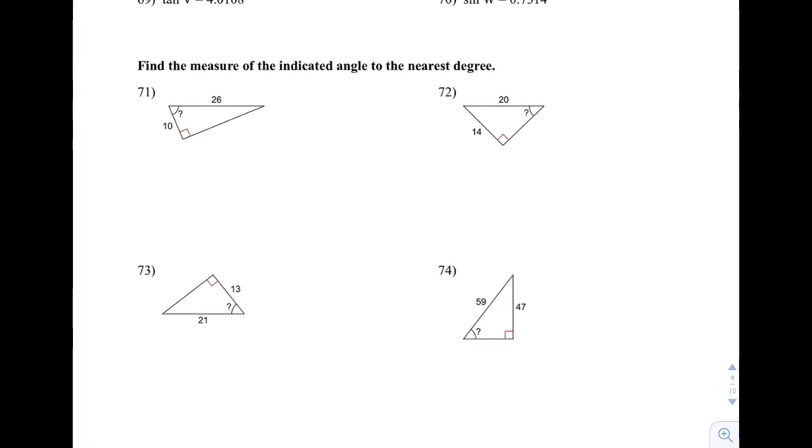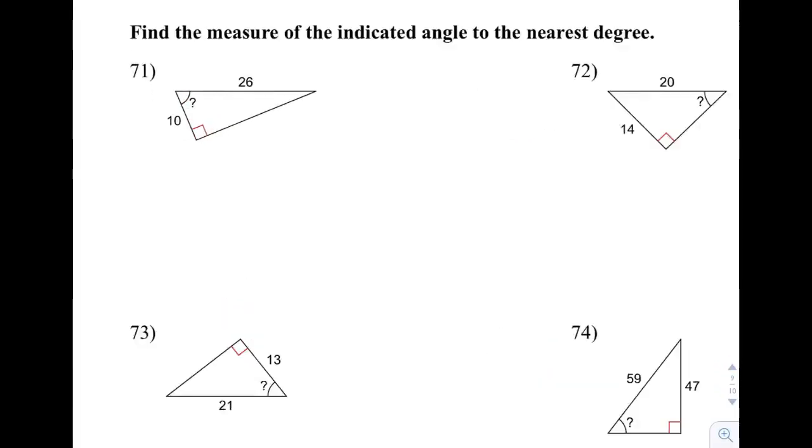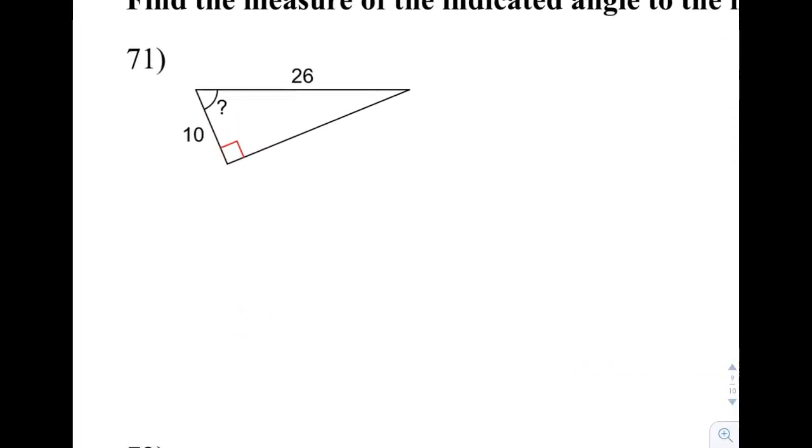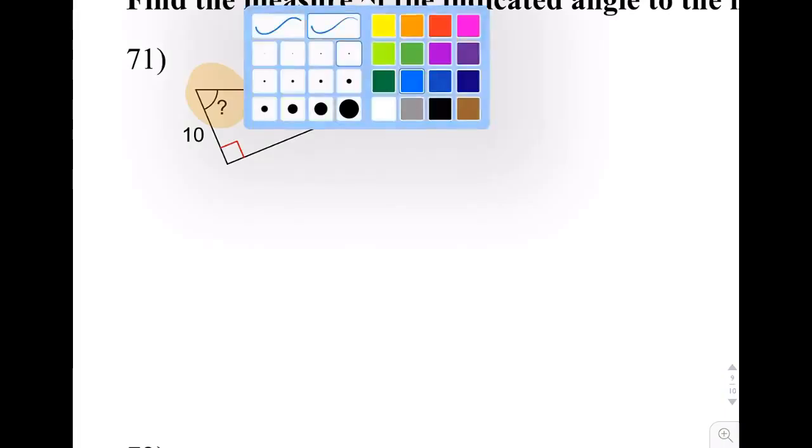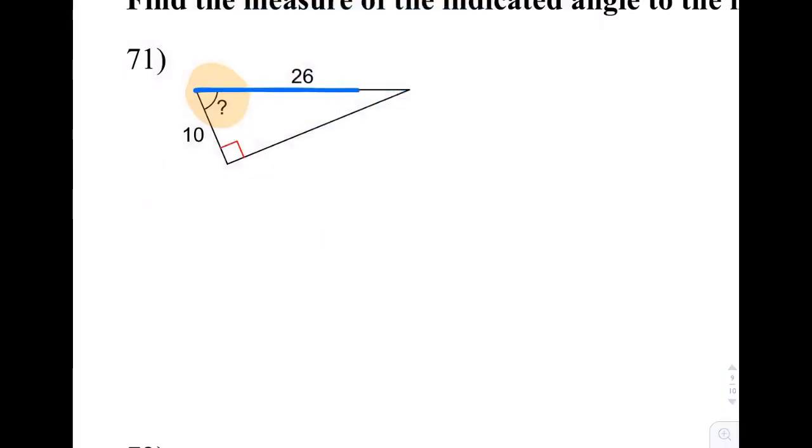Setting these up in a problem is going to be writing the same ratios we did before, but with different information than we've had last time. Our angle right here is the question mark, the unknown. The sides that we are given: the hypotenuse, and we actually have a number for that, 26.